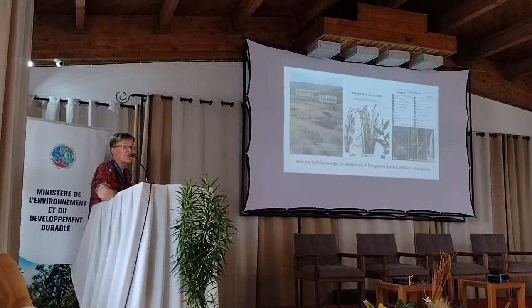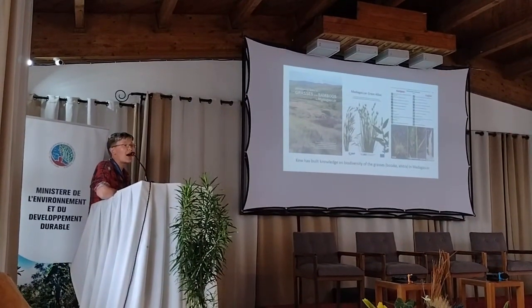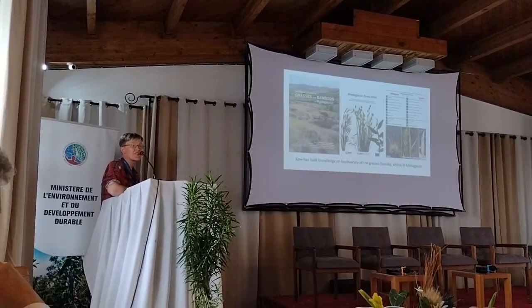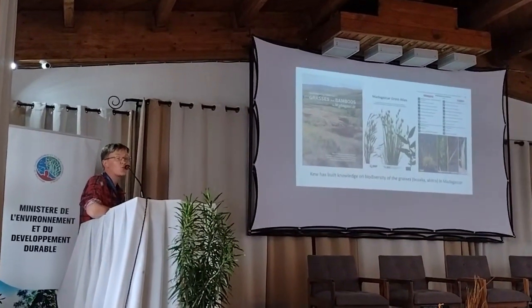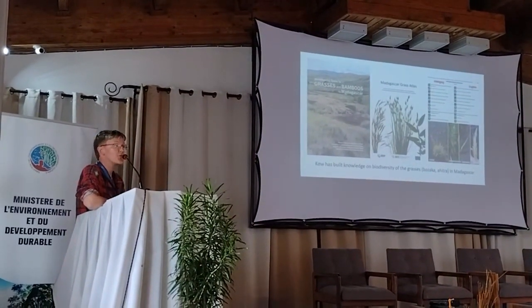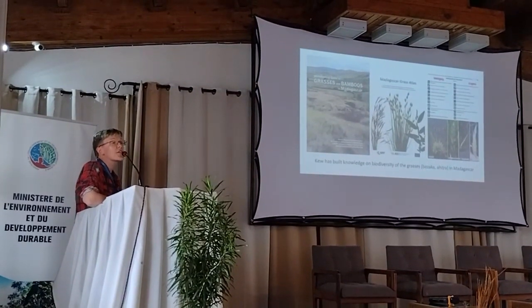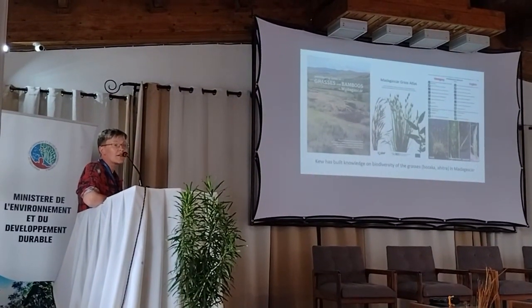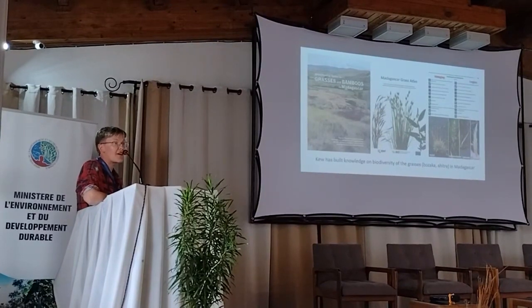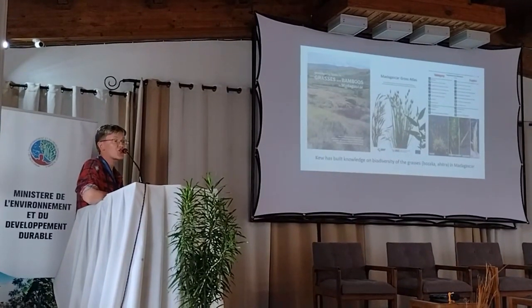Personally, my background here today, I work in Madagascar for 15 years, and with Royal Botanic Gardens Kew in Madagascar, we begin with the grasses Bosaka, Ahitra, to classify them, to collect all the information about them.